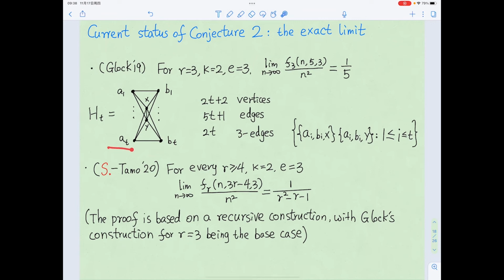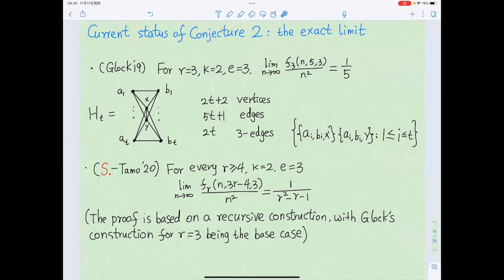Here H_t has, on the left, vertices a_1 to a_t, and on the right, b_1 to b_t, again t vertices, and you have two vertices x, y. So H_t is a graph on 2t plus 2 vertices and 5t plus 1 edges.